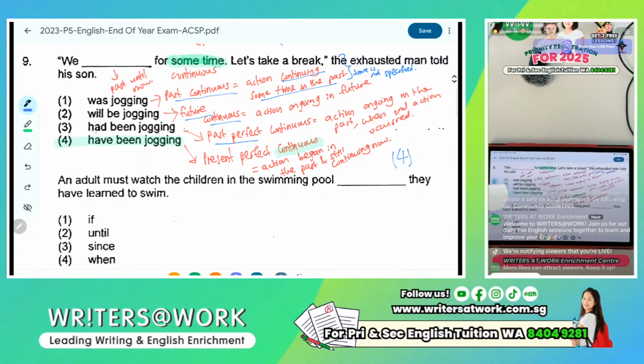Okay. Now, "will be jogging" here is talking about a future event. I will be jogging in the park tomorrow morning. So long as it is somewhere in the future, it will always be future tense. Now, "had been jogging" is in past perfect.